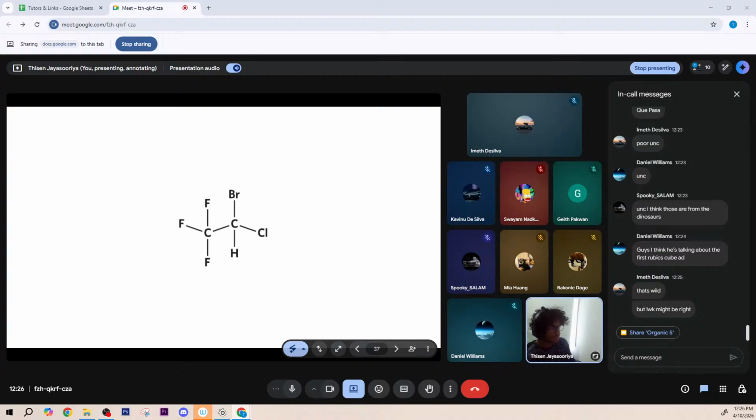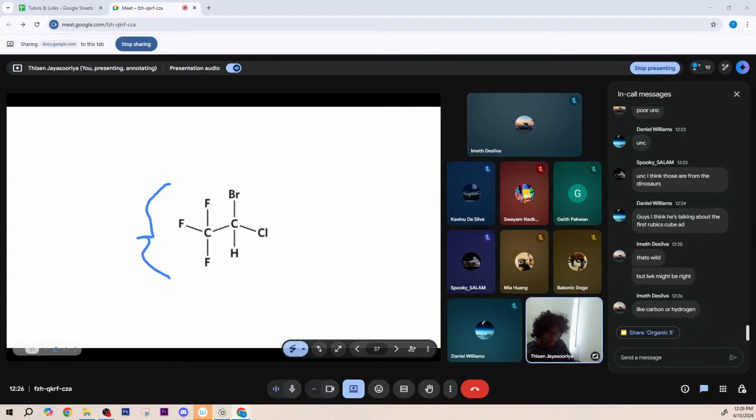So here, I'm just going to ask you guys, do you think this compound is chiral or non-chiral? What do you guys think? Is it chiral or non-chiral?